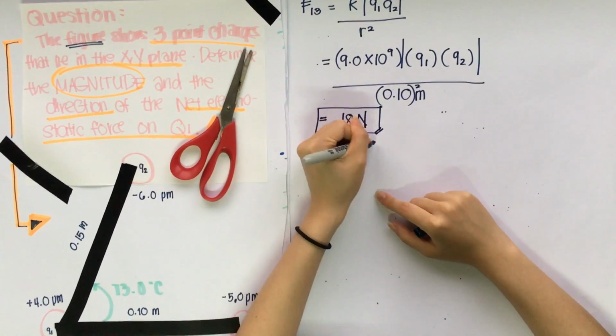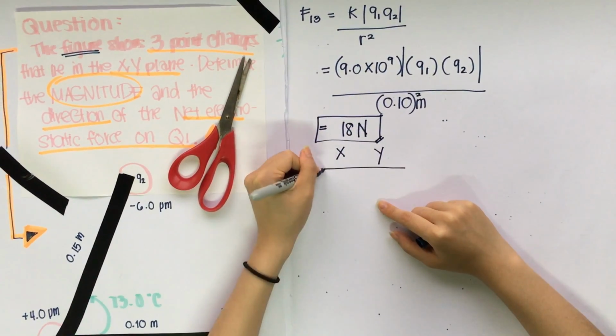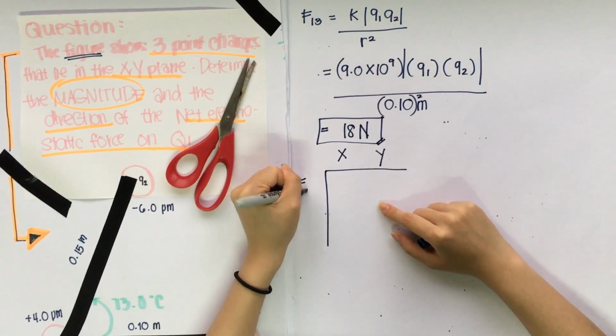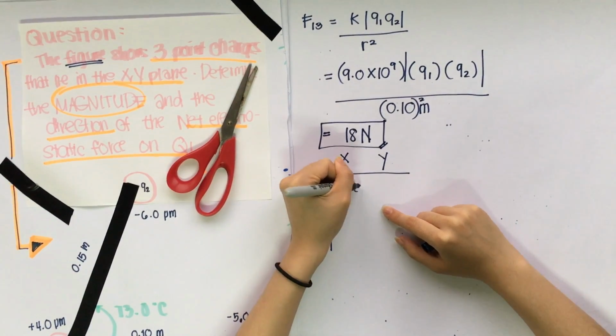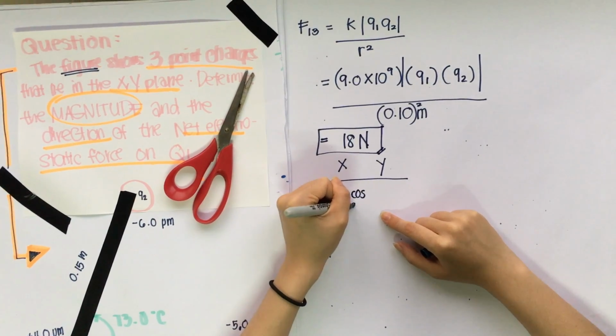After getting the variables for F12 and F13, what I'm going to do is to make the chart for the X plane and the Y plane. For this, I'm going to use SOHCAHTOA.